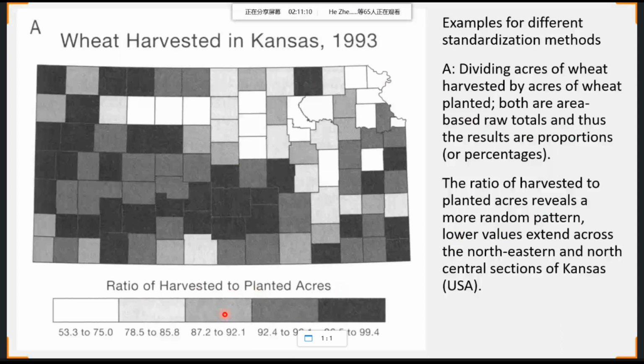You can reach nearly 100, but sometimes there is more wheat planted, but due to, for example, climate reasons, so it was too dry that year, or there was some problem with animals destroying part of the planted areas, then the harvest is lower.